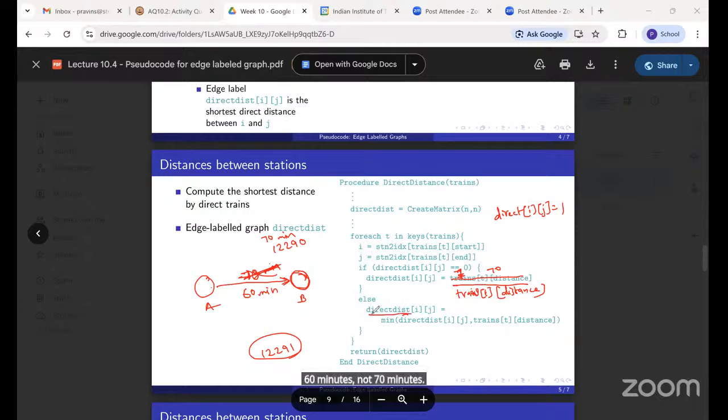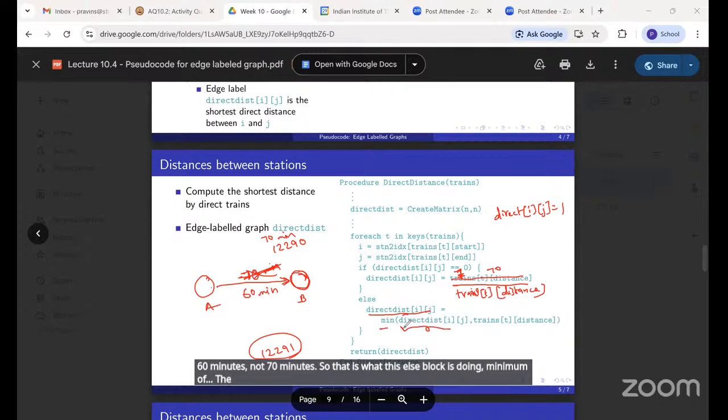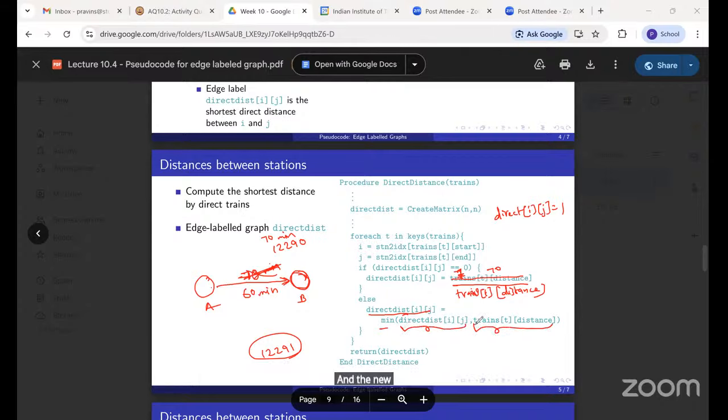So that is what this else block is doing: taking the minimum of the distance it already has and the new distance which you have seen, and adding it here.